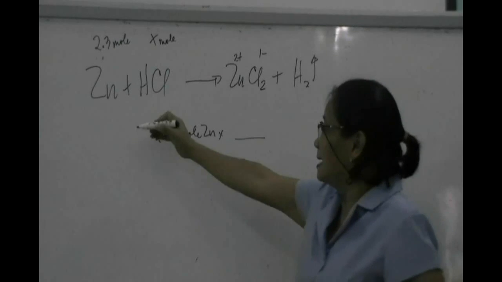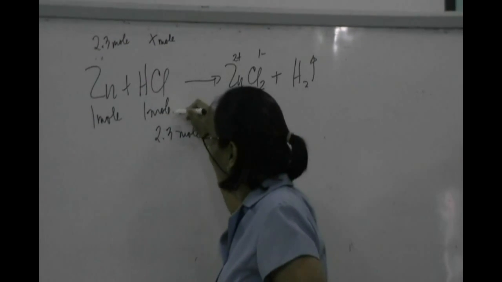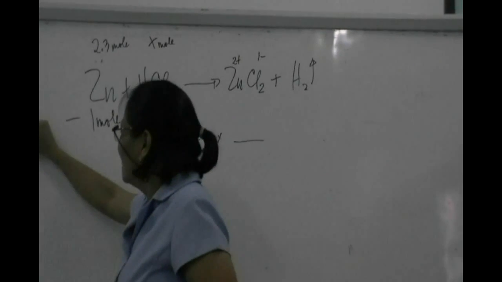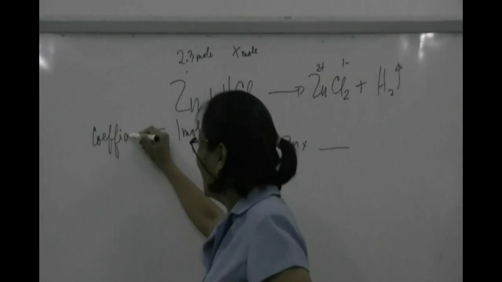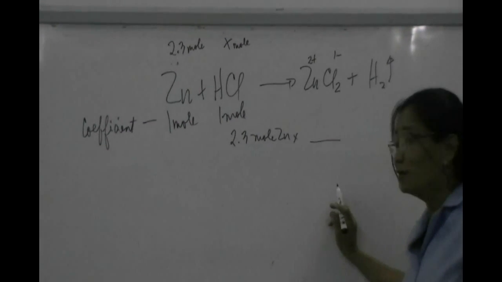Now, in the balancing, you have 1 mole of zinc and 2 moles of HCl. This is now considered the coefficient based on the balancing of the given reactant.